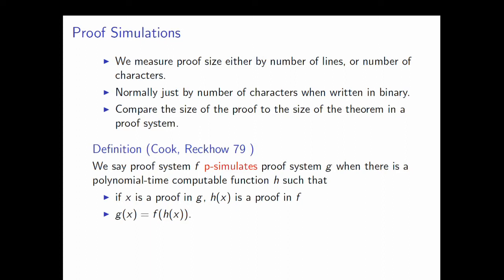What H does is map G proofs to F proofs. If you can do that in polynomial time and preserve the theorems as well, then you're basically saying that anything we can do in G, we could do in F, modulo a polynomial. So that's the idea of a P simulation.